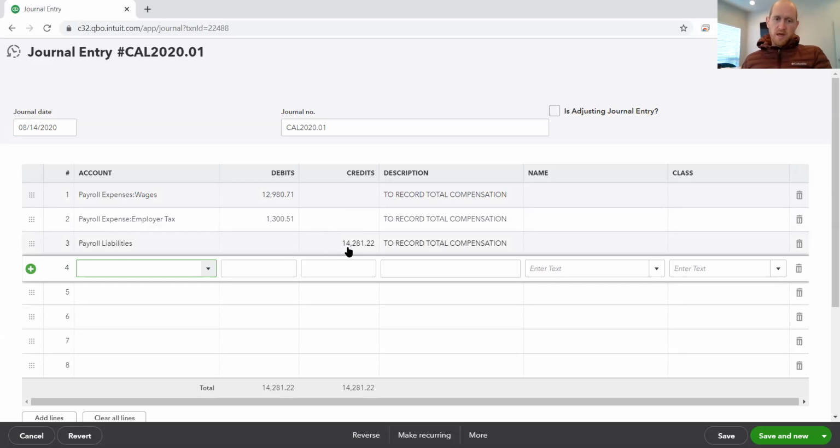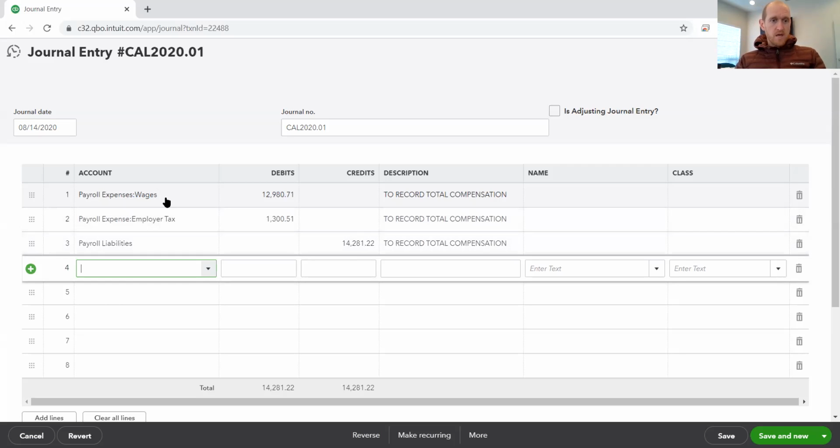Then your bank feed's going to come through, if it hadn't already, and it's going to drop in the net checks, the tax payments, anything that's coming out of your bank account, and you're going to actually debit that to payroll liabilities, because it's a credit on the bank account when you have an expense hitting the bank account, and then it's a debit to payroll liabilities, which will bring this back down.